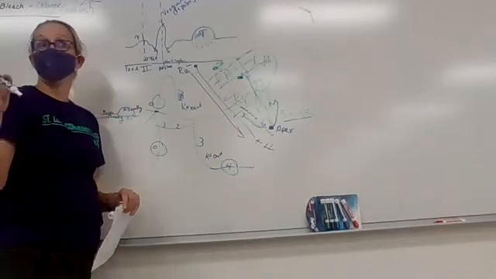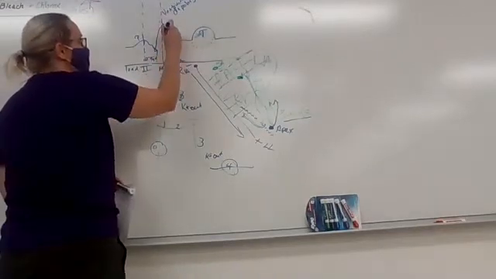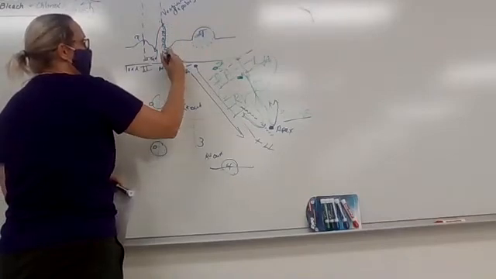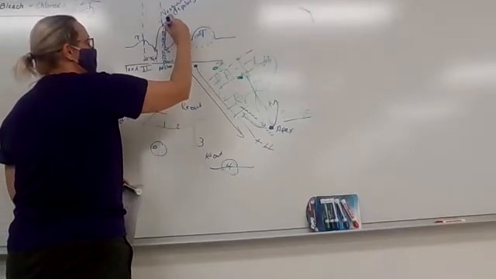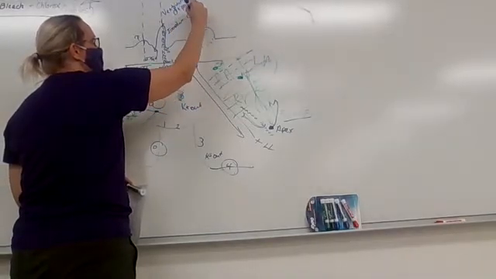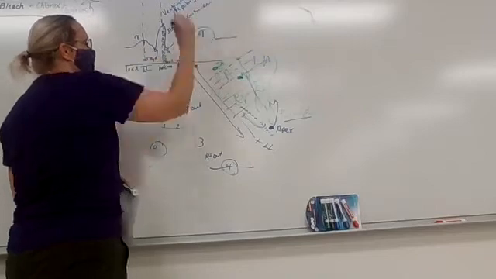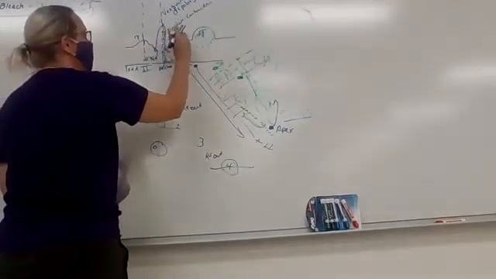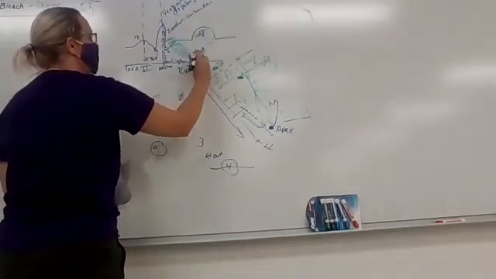My semilunar valve is still closed. So for a little bit of time right here, I am going to be in a time of isovolumetric contraction. And then very quickly, the rest of this time, what are my ventricles going to be doing?